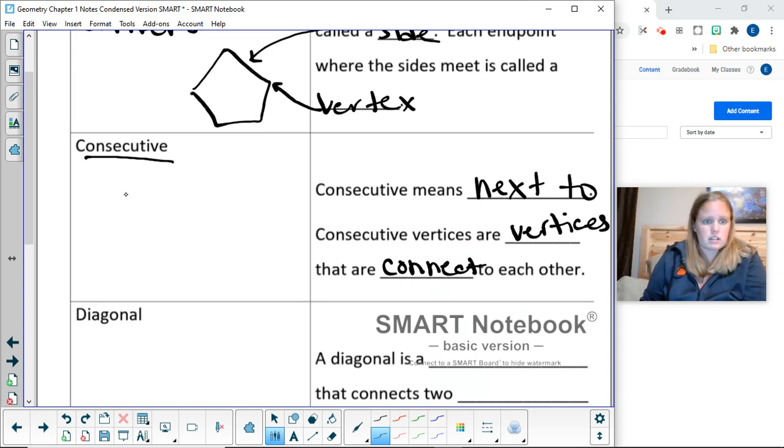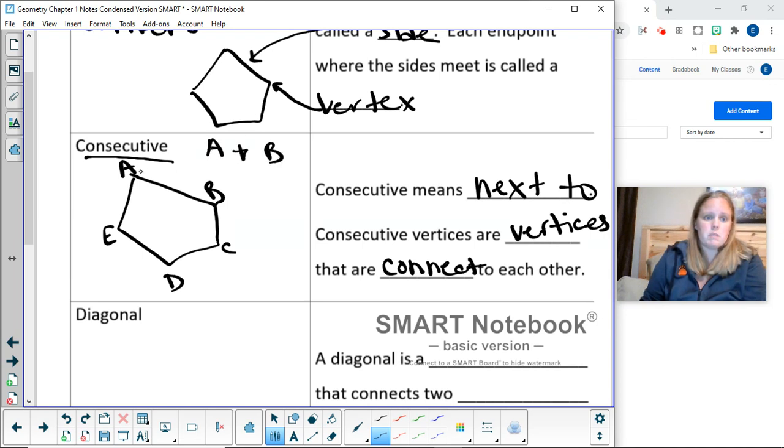All right, so like let's say, draw another pentagon here. And I'll call these corners A, B, C, D, E. So a pair of consecutive vertices in this case would be A and B, because they are being connected by this segment here.